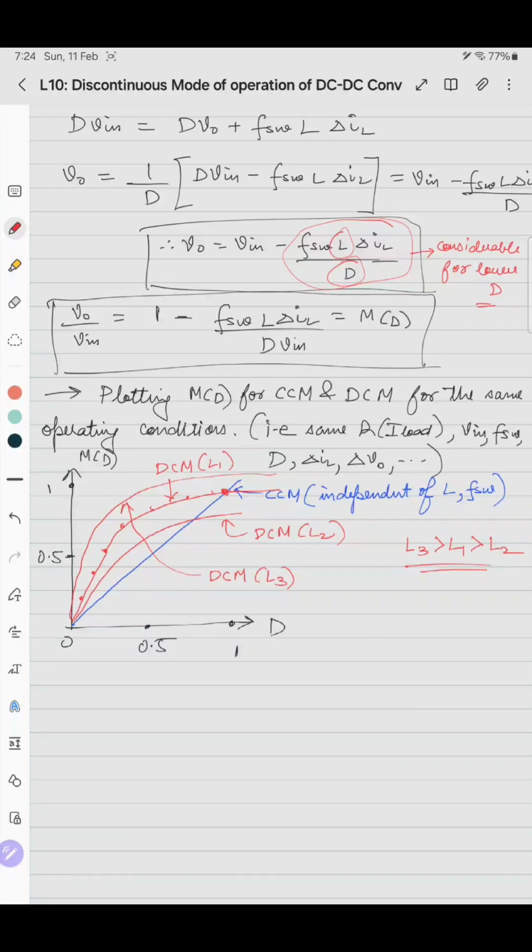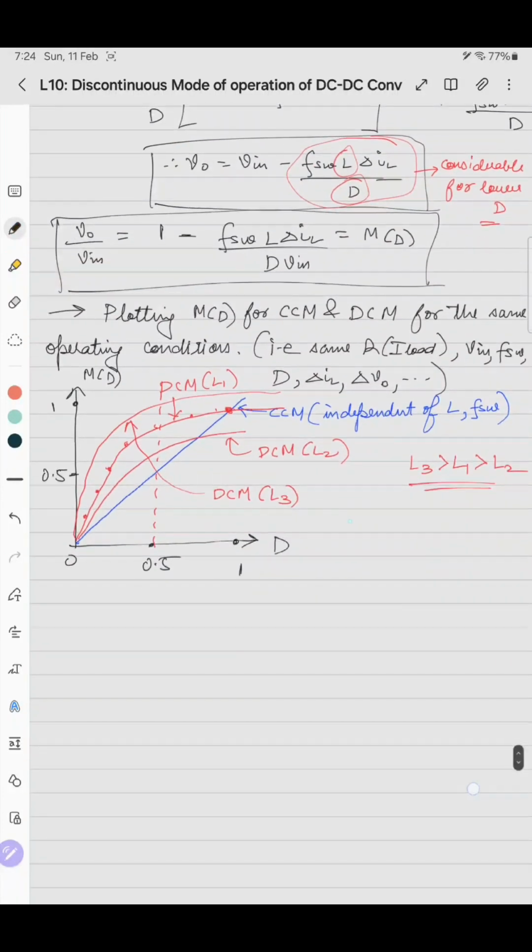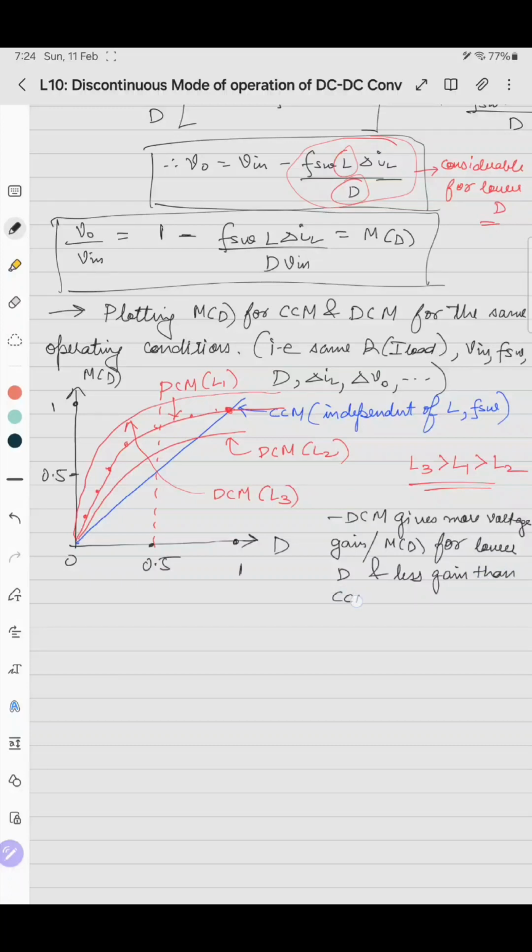So what we observe is that DCM gives more voltage gain, or M of D, for low duty ratio and less gain than CCM for higher duty ratio.